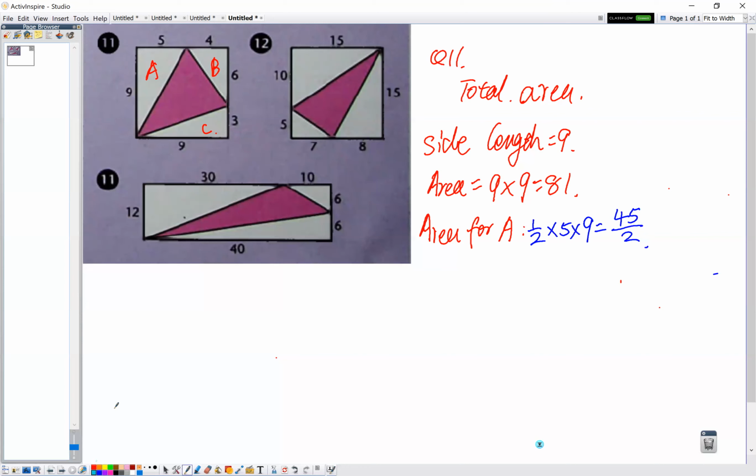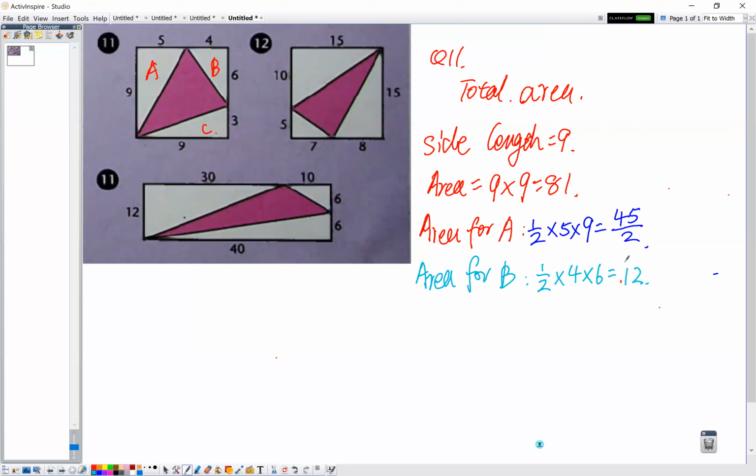The second part, area for B. The area for B, we just need to use half times base times height as well. Half times by 4 times by 6. Answer becomes 12.